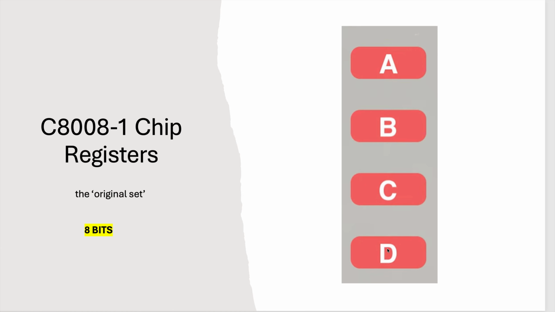But they also were able to adopt the concept of chip registers. Chip registers were created in order to temporarily hold data for rudimentary calculations, so that the CPU wouldn't have to use its random access memory, or RAM.